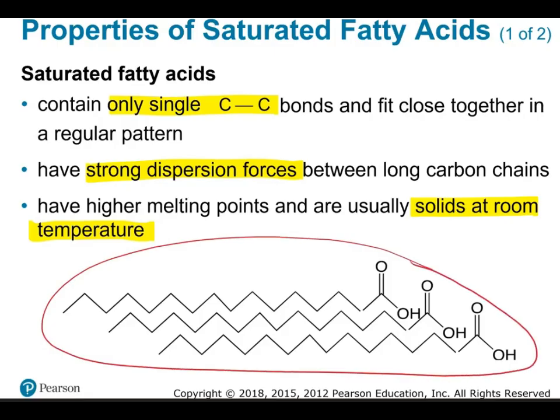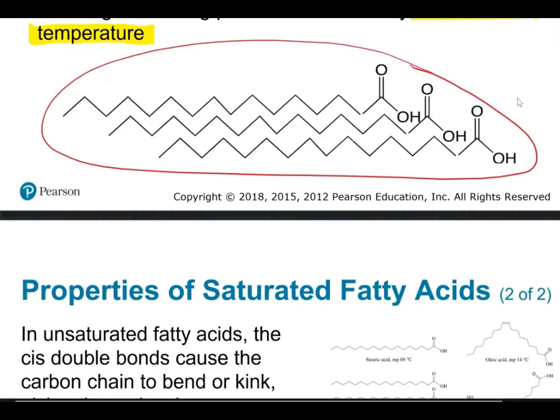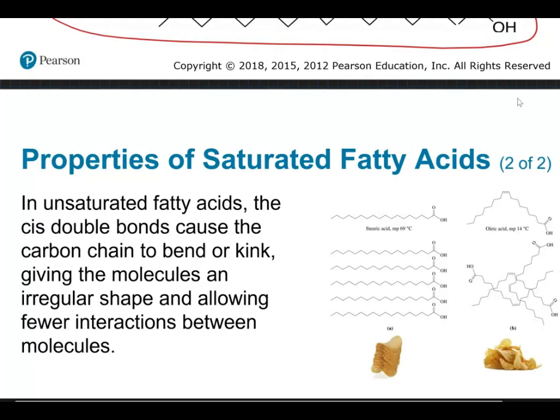This almost perfect stacking of the molecules and the fact that this stacking contributes to the formation of the strong nonpolar dispersion forces interactions explains why saturated acids are solid at the room temperature.